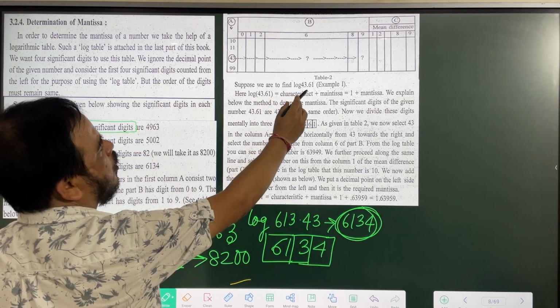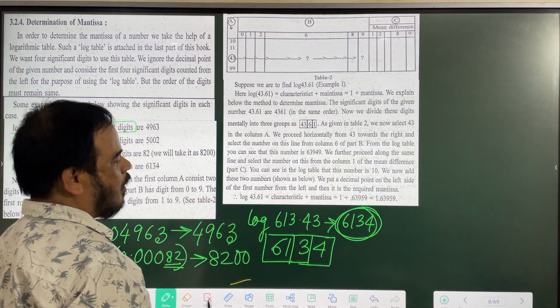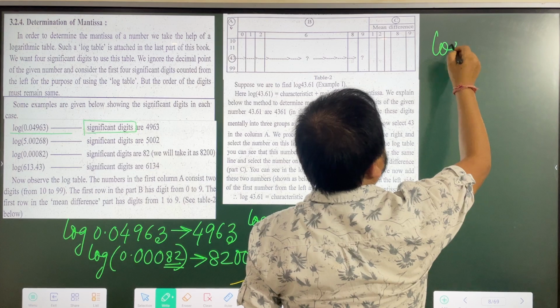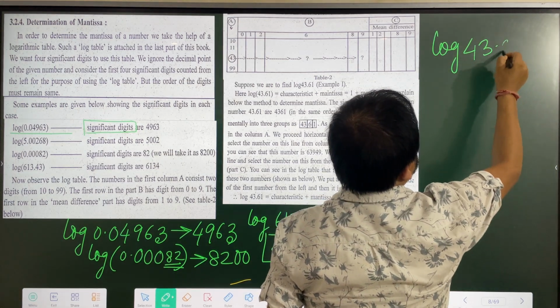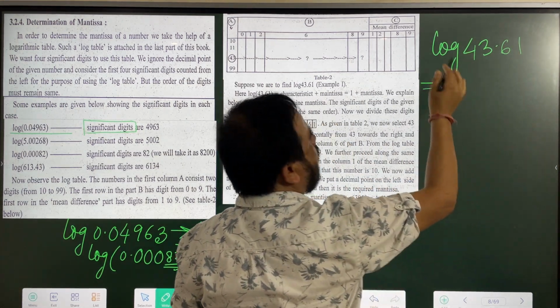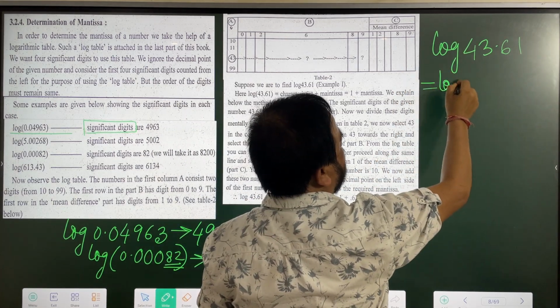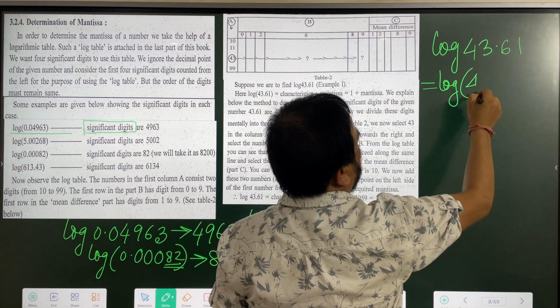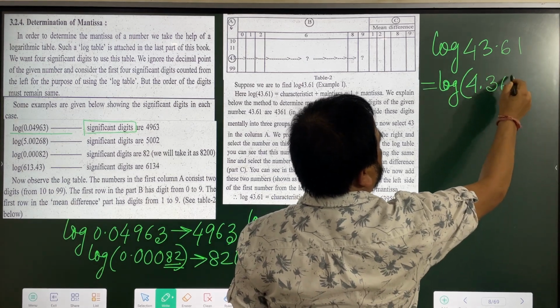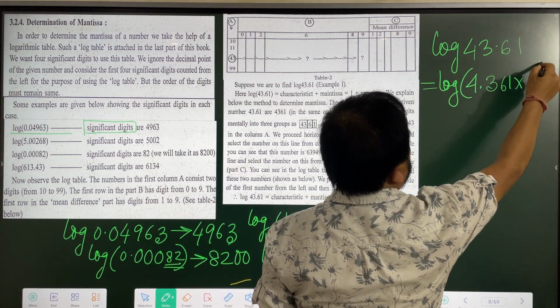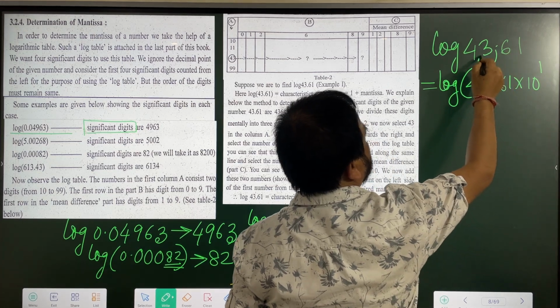Suppose we are to find out log 43.61. Before we find the value of log 43.61, we will first make it standard form: 4.361 into 10 to the power 1, because only one place moved.